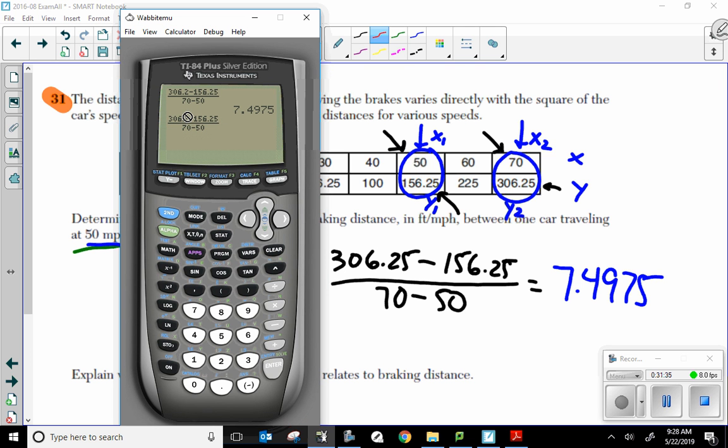I swore I pressed the 5. This would be 0.25 like it is right there. So let me just change that. Will that change our answer? Maybe ever so slightly. Okay, 7.5. I would have rounded that to 7.5 anyways. Yeah, that's me covering my tracks.